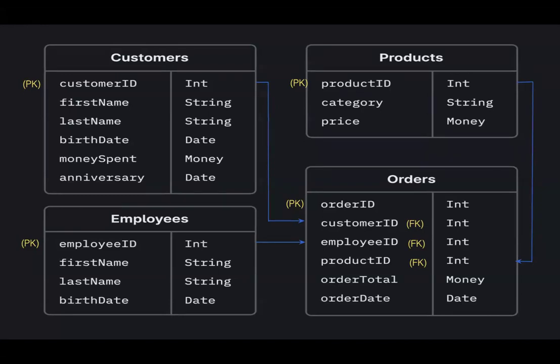Okay, but there's no field for the inventory to keep track of how many products have been ordered. So when we just ask for product information, we don't really want to know how many units of it have been sold.